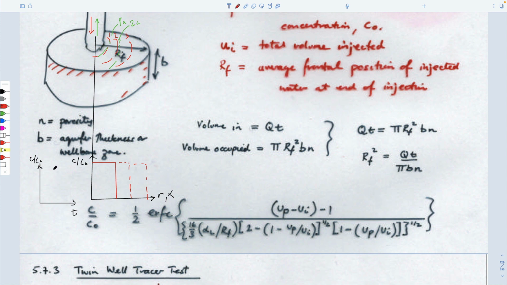So as we pumped it in, what would it look like? I guess in the well bore, we'd pump it in and it would look like this, right? So at time 0, it's a concentration 1 in the well bore. Time 1, 2, and 3, it's still concentration of 1. So this would be time number 3, 2, and 1. And then if we start pumping it back out, what would we expect to get?